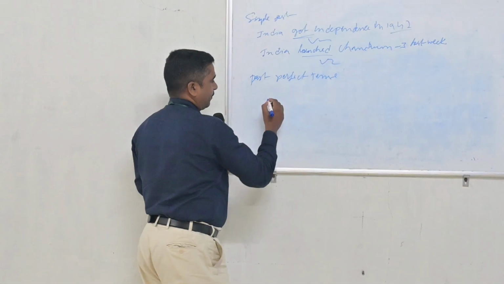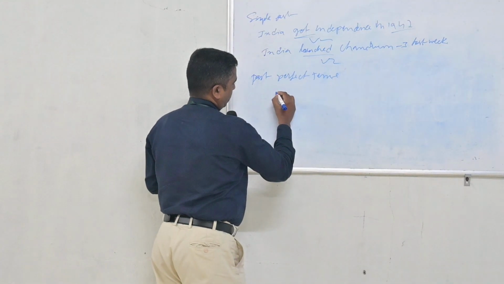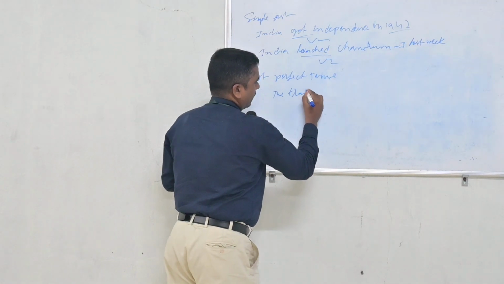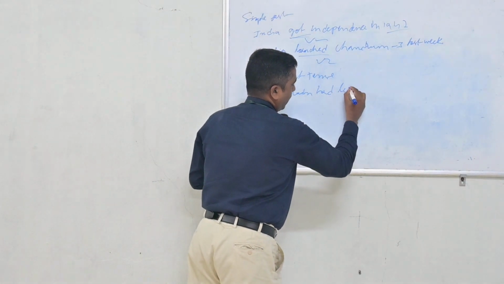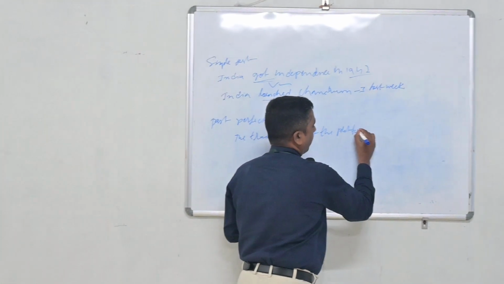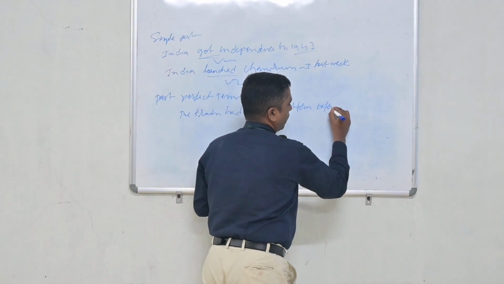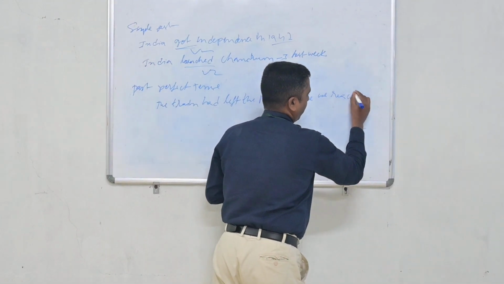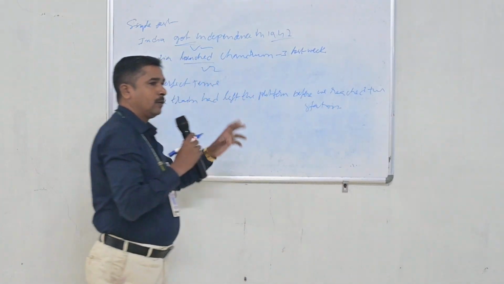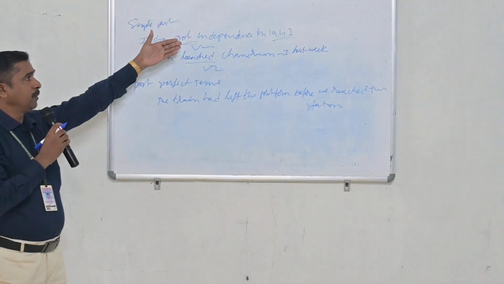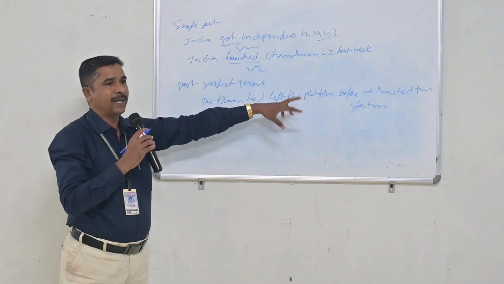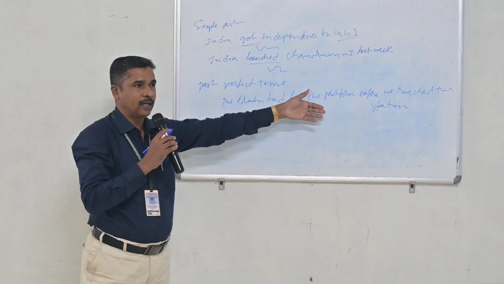For example, the train had left the platform before we reached the station. So in this sentence, we have two actions. Whereas in the simple past tense, only one past action. Whereas in the past perfect tense, we can find two past actions, which completed one after another.